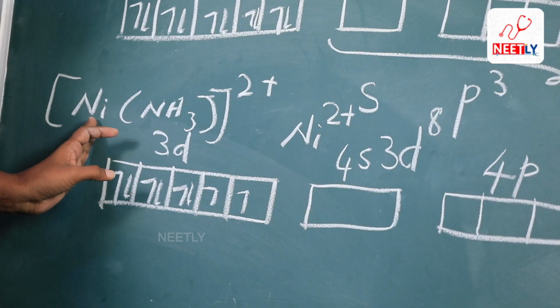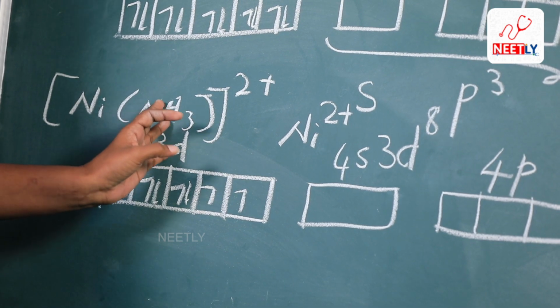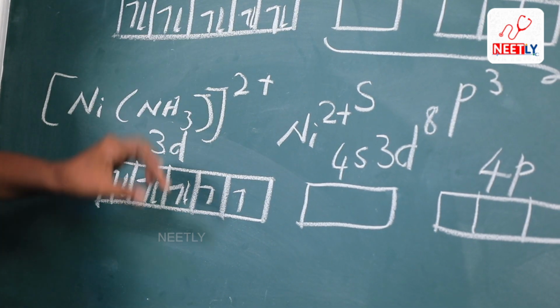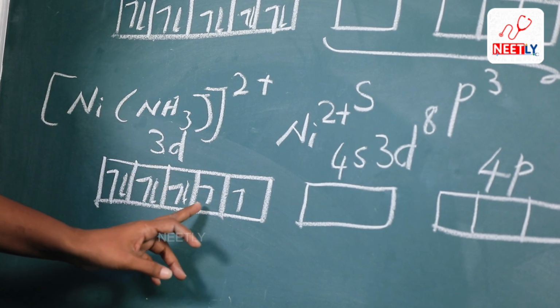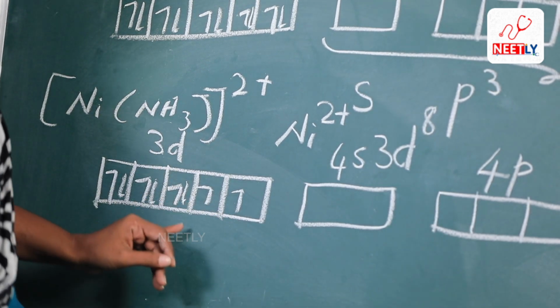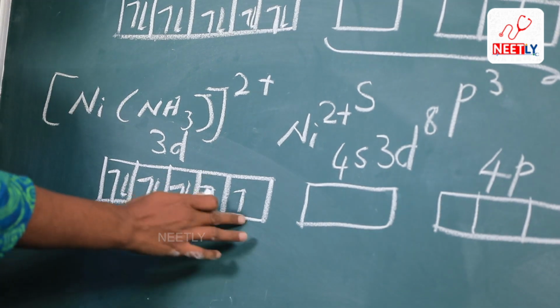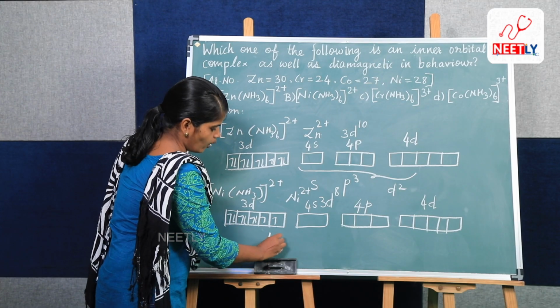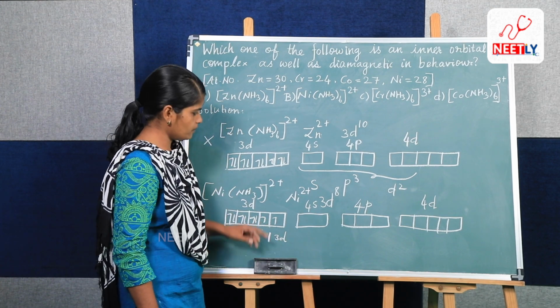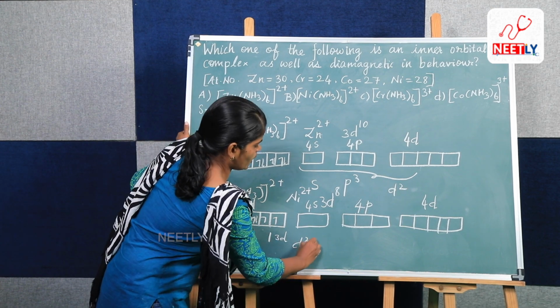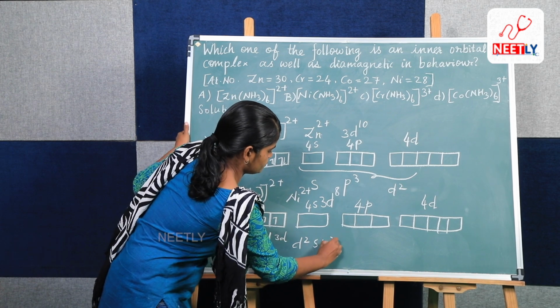The ligand, which is ammonia, here it is a strong field ligand, and in the presence of a strong field ligand like ammonia, these unpaired electrons can pair up. But if they pair up, there will be only one 3d empty orbital, so it cannot form d2sp3 hybridization.